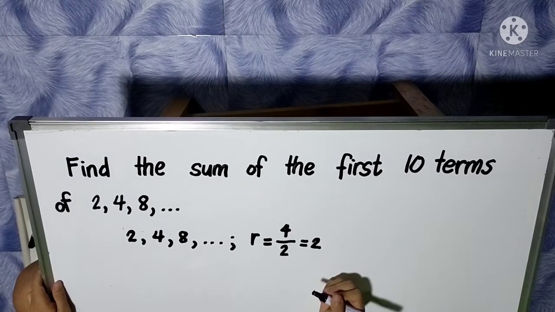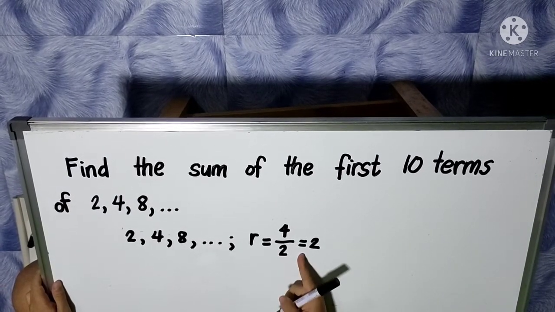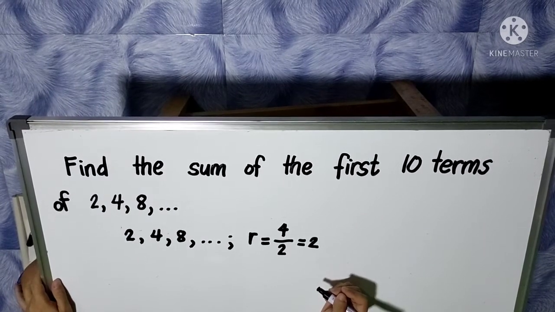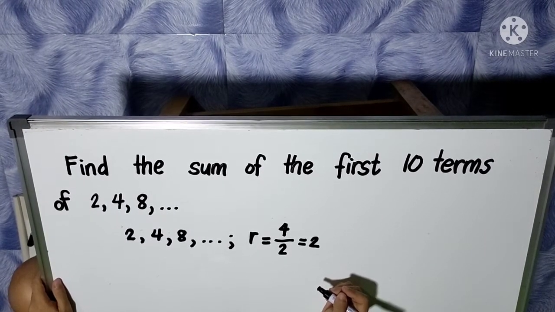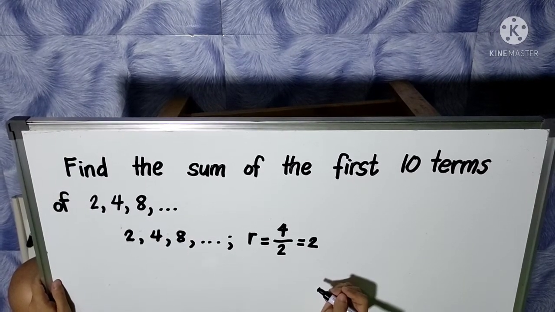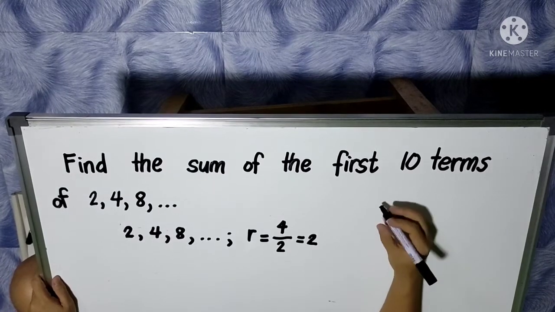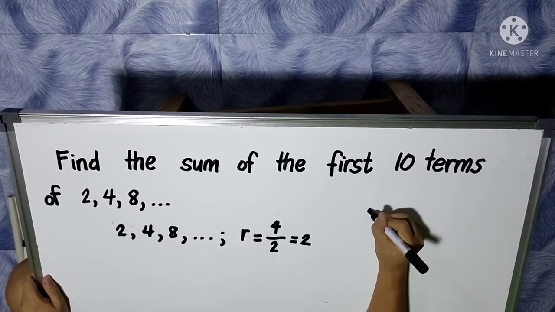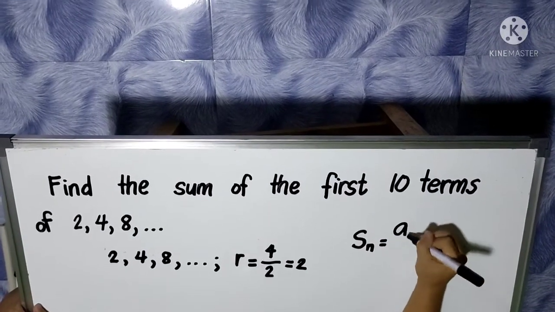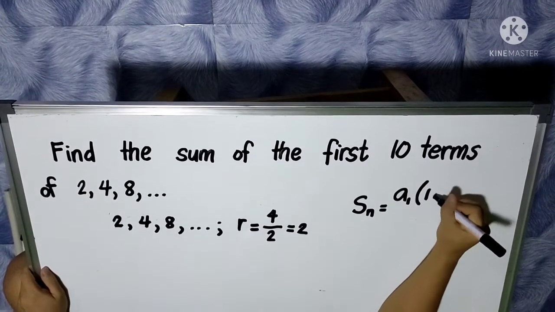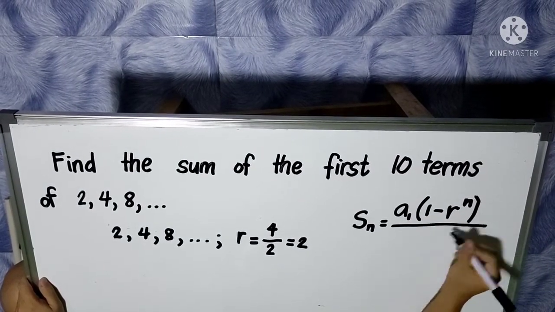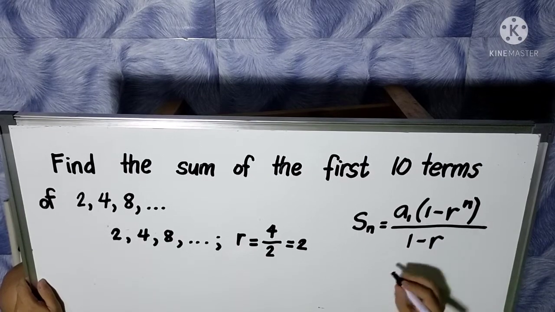Since our r is equal to 2, that means of the formulas I had given you, we will be using formulas A since r there is not equal to 1. The formulas that we can use are the following. S of n is equal to A sub 1 times the quantity (1 minus r to the exponent of n) all over 1 minus r.